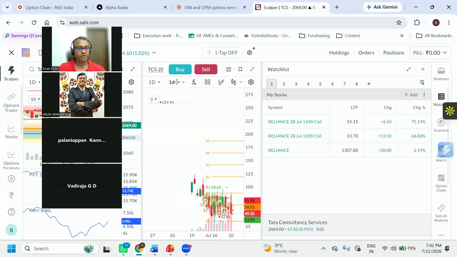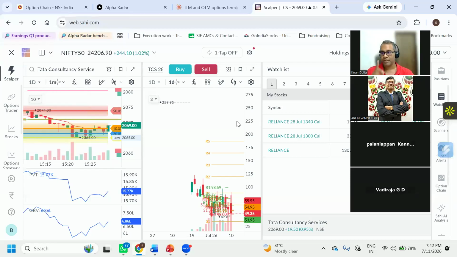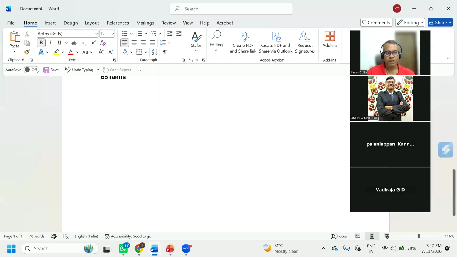Okay. First, let me quickly go back to the house example for a little bit, and then we will understand the spot and strike, and then we'll come here. In the house example, what is the price that I have agreed to buy? 1 crore. Now what is spot price? Strike is the 1 crore price.